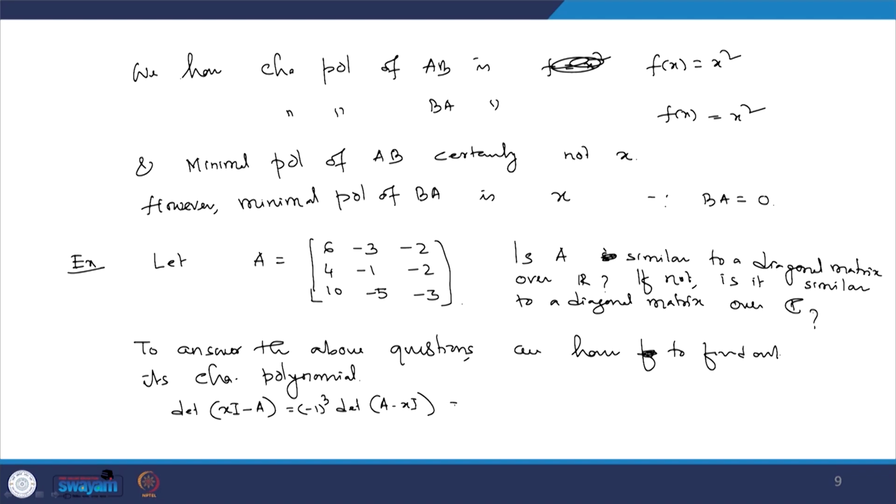So this is equal to (-1)^3 times the determinant of [6-x, -3, -2; 4, -1-x, -2; 10, -5, -3-x]. Determining this quantity, I can write straight away that it equals (-1)^3 times (x^2+1)(x-2).